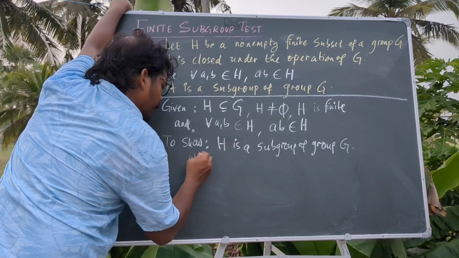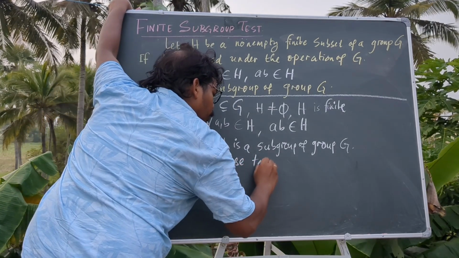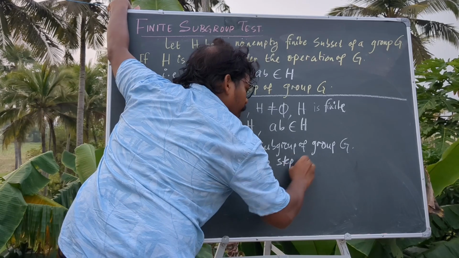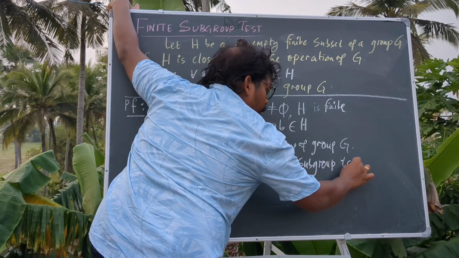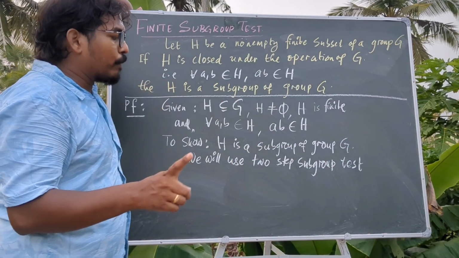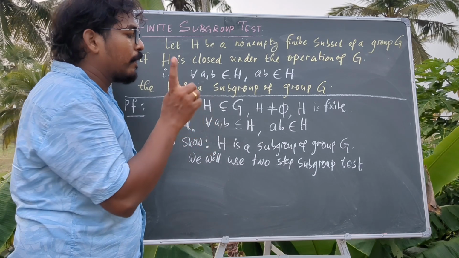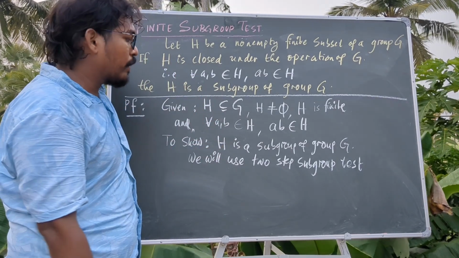And we will use the two-step subgroup test. By the two-step subgroup test we have to show the set is closed and the set has the inverse of every element.